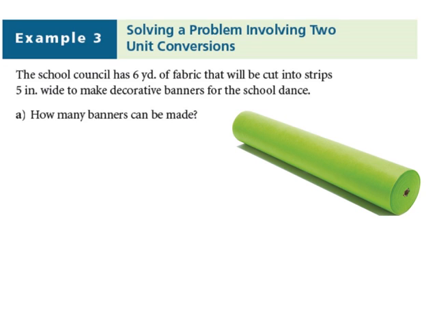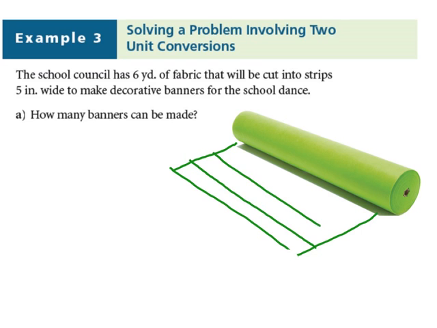If we were to unravel this fabric, of course it would be green, not just white. We would be looking for strips of 5 inches wide. Another way to write inches is by using this little quotation symbol. So 5 inches wide.